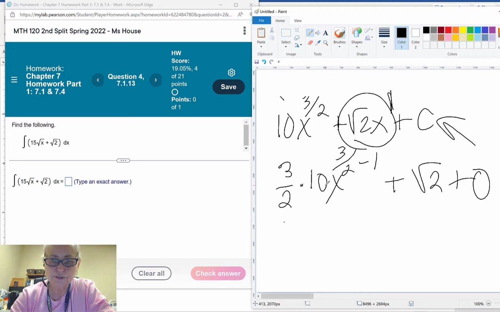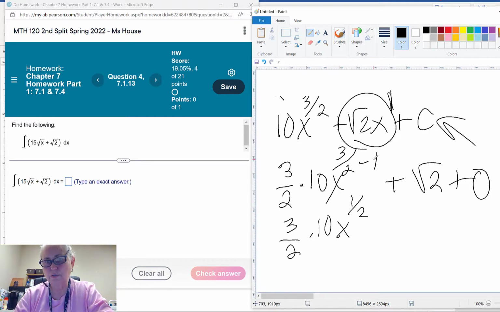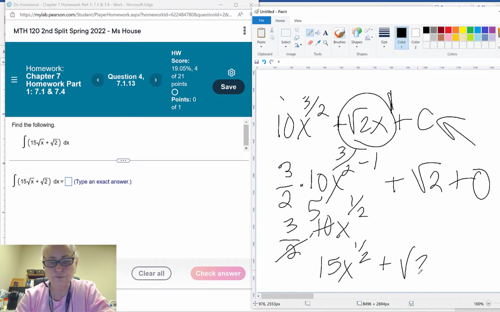Now, what is this? This is 3 over 2 times 10 x to the 1/2, because 3 over 2 minus 1, 1 1/2 minus 1 is a half, and then 2 goes into 10, and we get 15 x to the 1/2 plus the square root of 2. So look, same thing. X to the 1/2 is the square root of x.